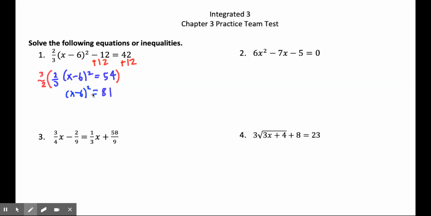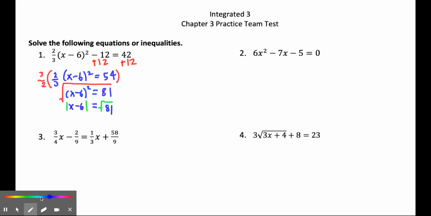And now that what's being squared is isolated, you square root both sides, and then you get the absolute value of x minus 6 is equal to the square root of 81.